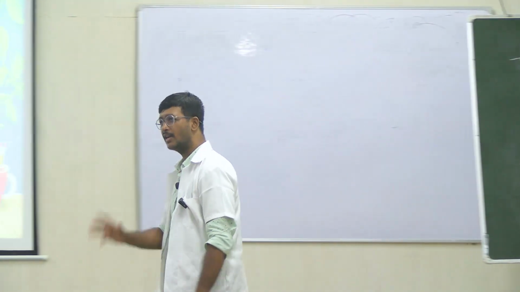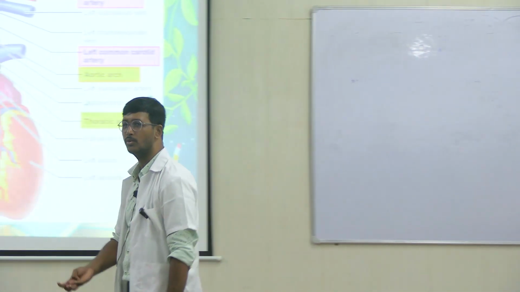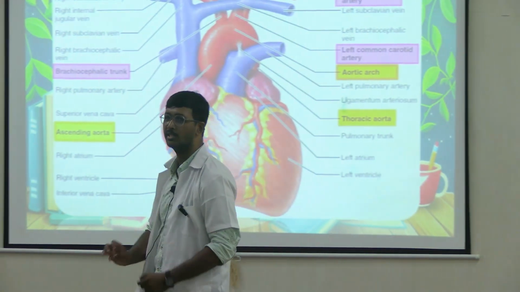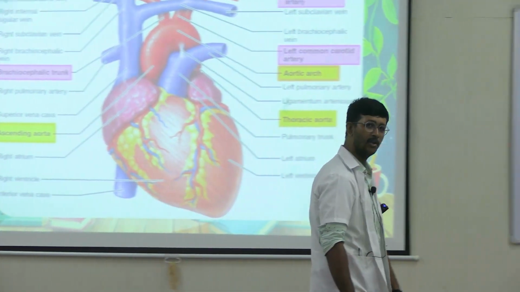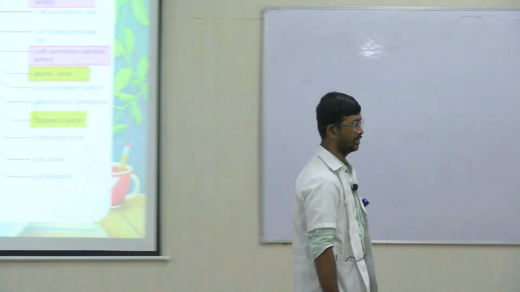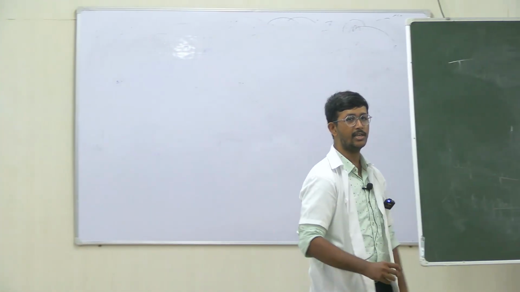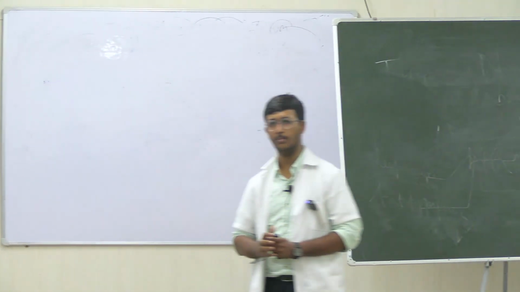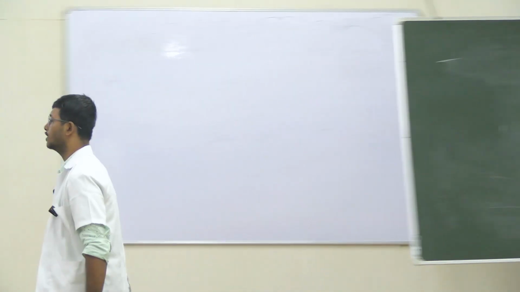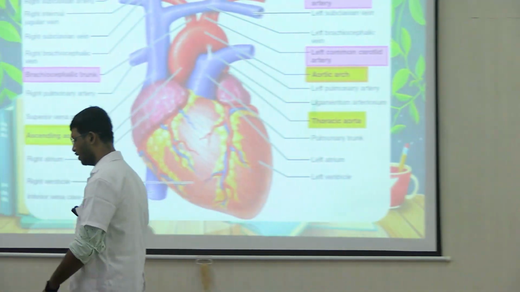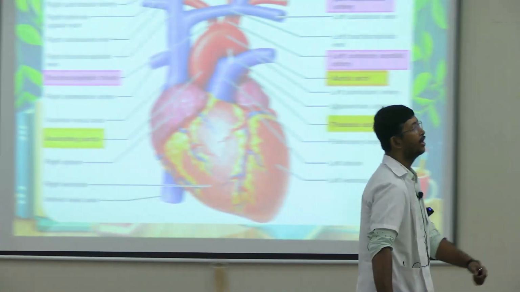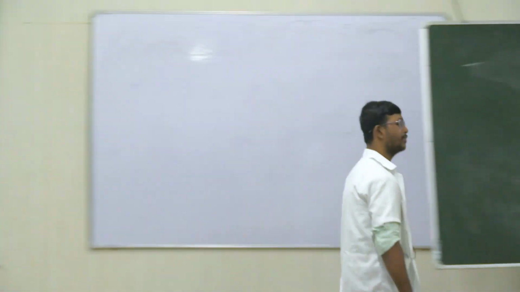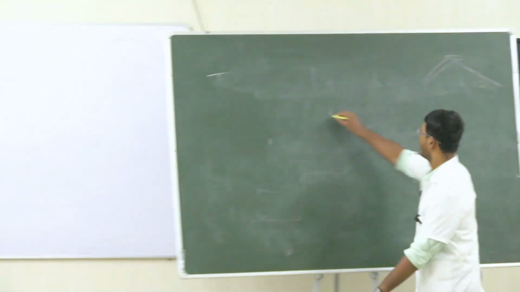For example, in any company, there are a CEO, distributing managers, regional manufacturing officers, right? Similarly, the heart is present in the central part of our body. Suppose there is a manufacturing unit in the central part of India, in Madhya Pradesh.